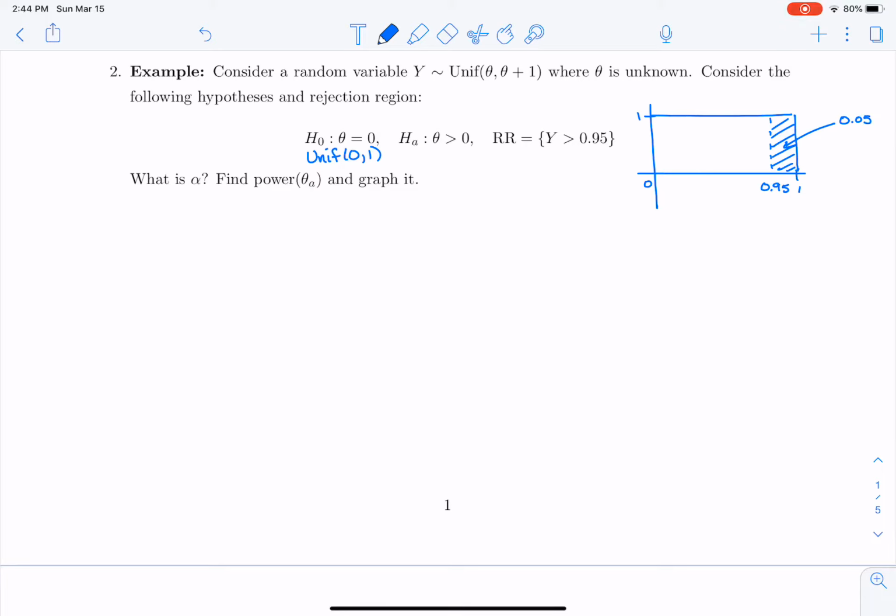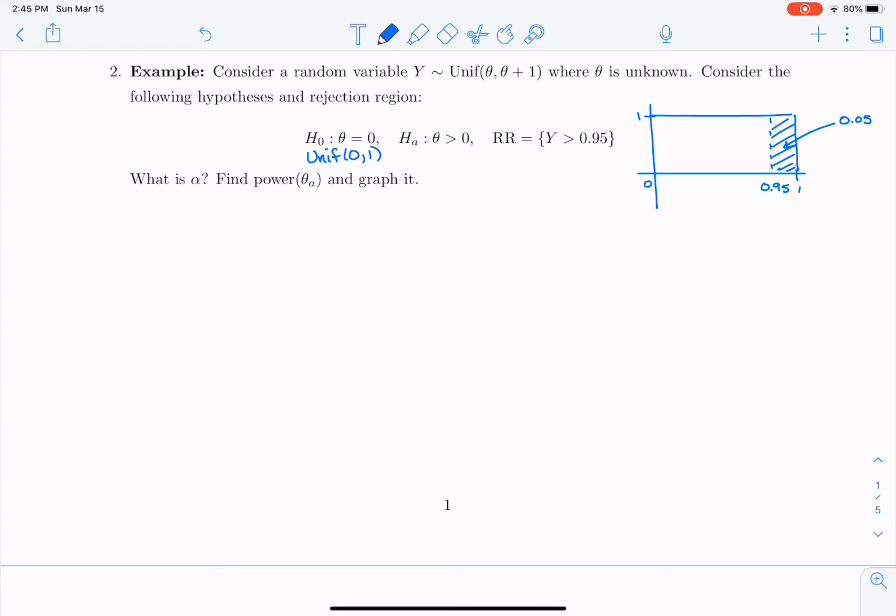If we draw a number y from this uniform distribution from theta to theta plus 1, and that number is bigger than 0.95, then we're going to reject the idea that theta is 0, because there's only a 5% chance in that case that theta was 0.